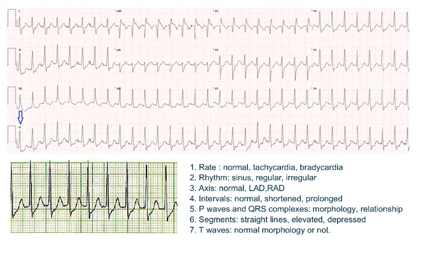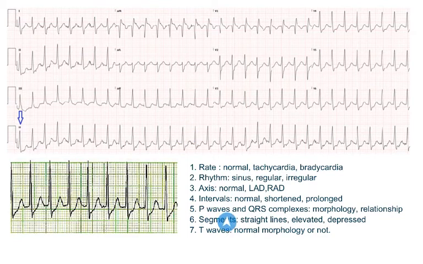Third is to look at the axis. Look at lead 1, 2 and AVF. All the QRS complexes are in the positive direction, so it's normal. For intervals, we cannot assess the PR interval because there is no P wave. However, the QT interval in this ECG is almost 9 small boxes, which is normal.